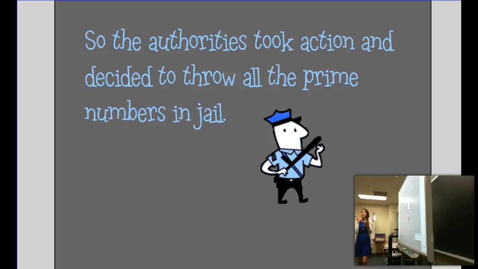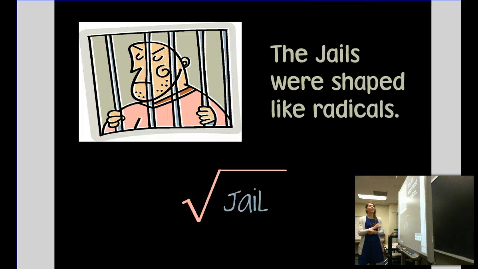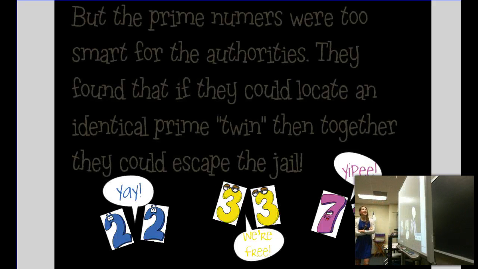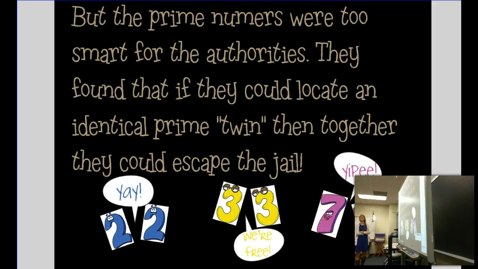So the authorities took action and decided to throw all the prime numbers in jail. The jails were shaped like radicals. Look, there's the jail. So all the prime numbers are stuck in a radical. But the prime numbers were too smart for the authorities.